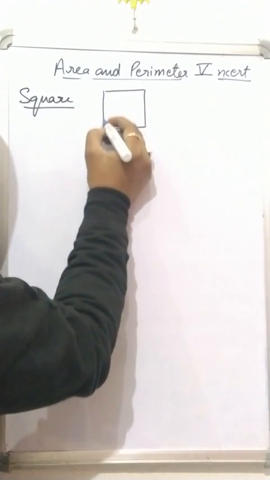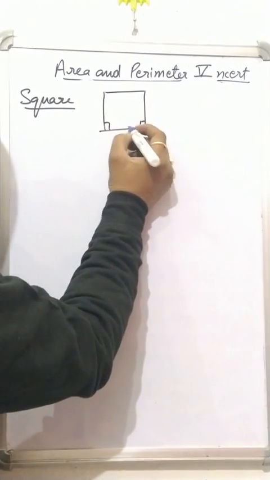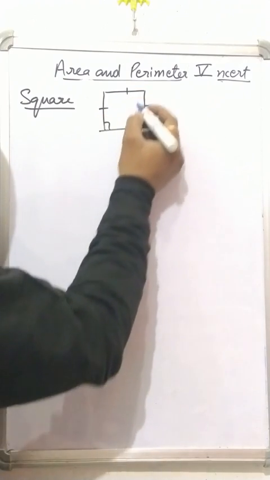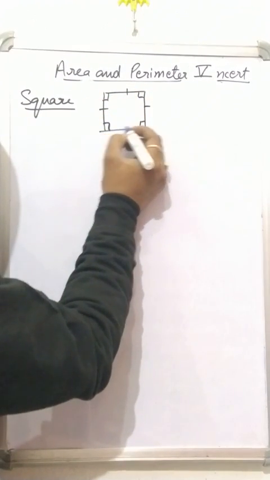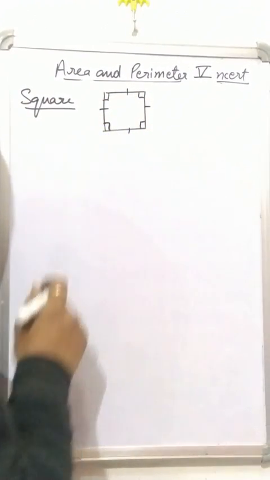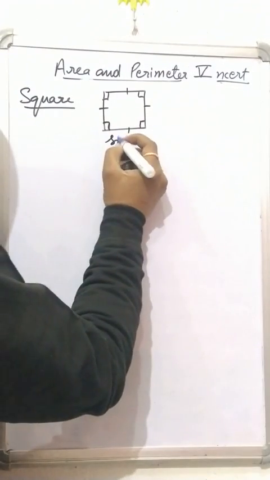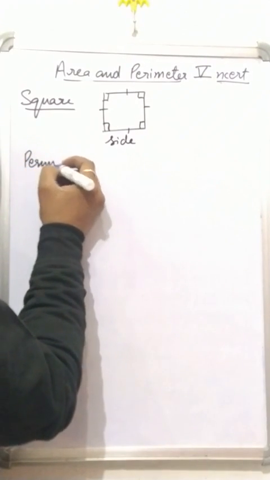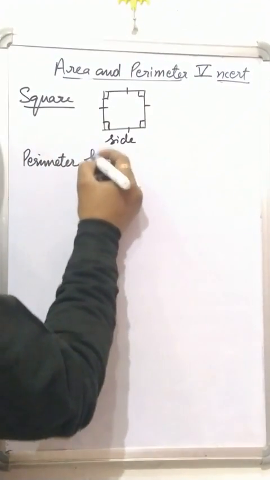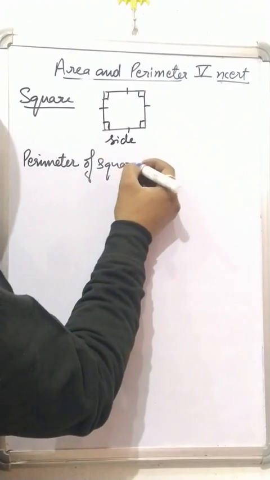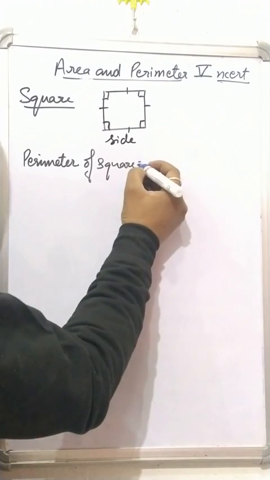Now next topic is square. In square, all sides of square are equal and all angles are also equal. Is that clear? So perimeter of square, sum of all sides.